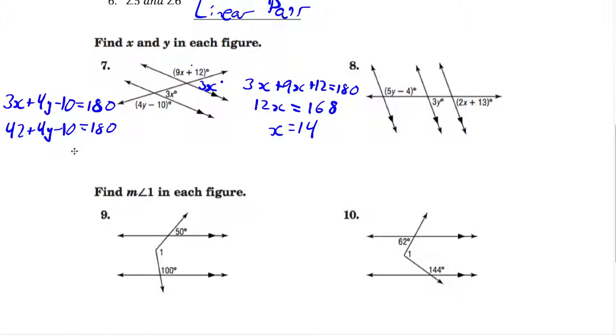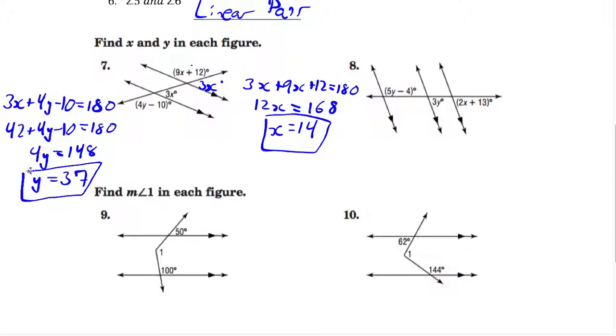So if I have 42 minus 10, that's 32. So 180 minus 32 is going to be 148. So I have 4y is equal to 148. That means that y must be equal to 37. So if x is equal to 14 and y is equal to 37, I have my answer.